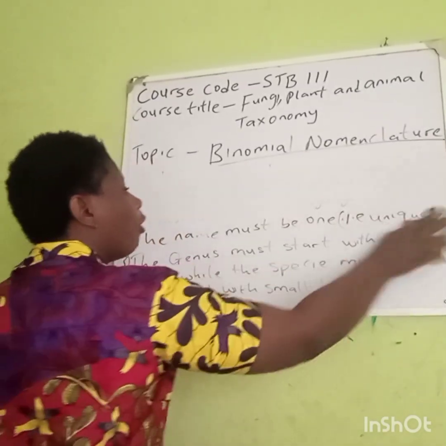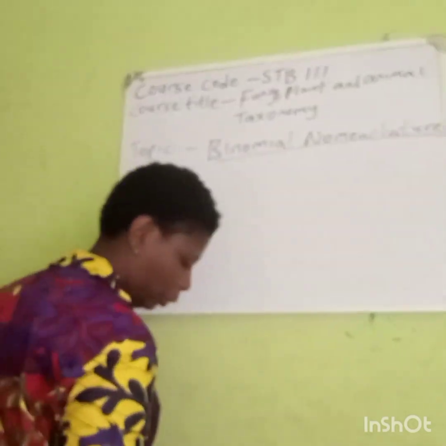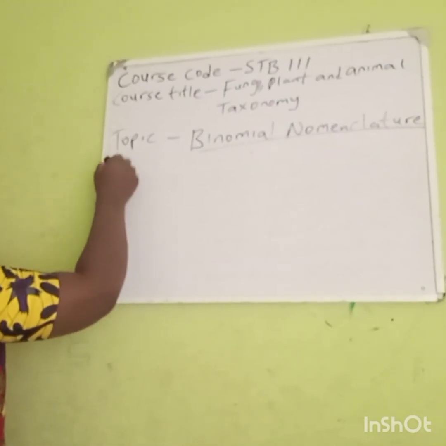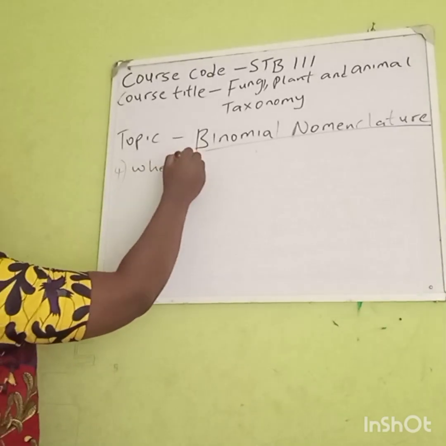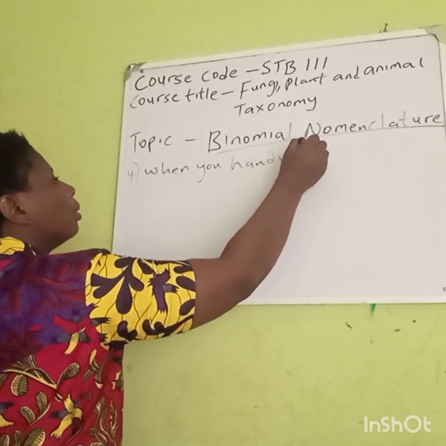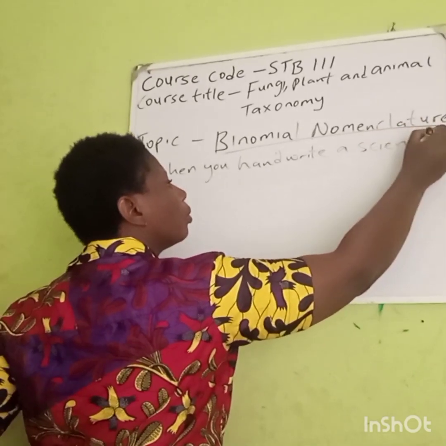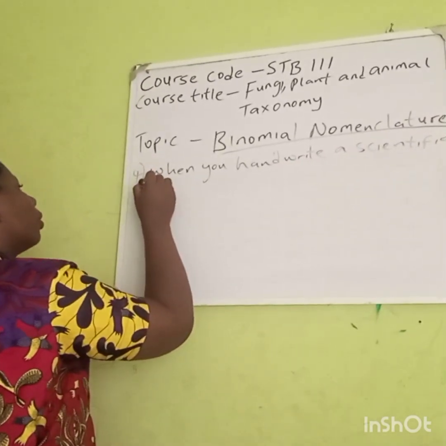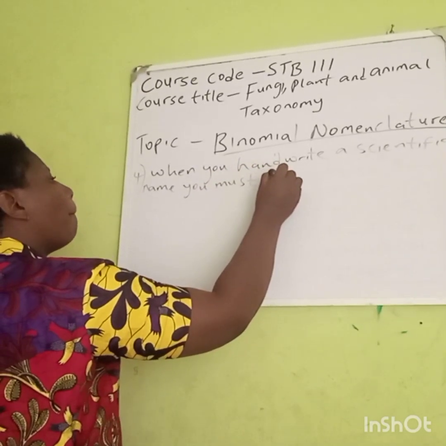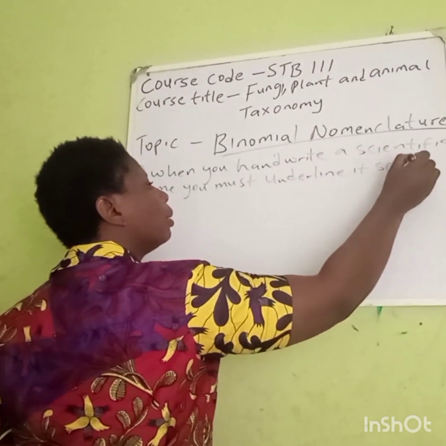Let me write number 4. The fourth one is that when you handwrite a scientific name, you must underline it separately.